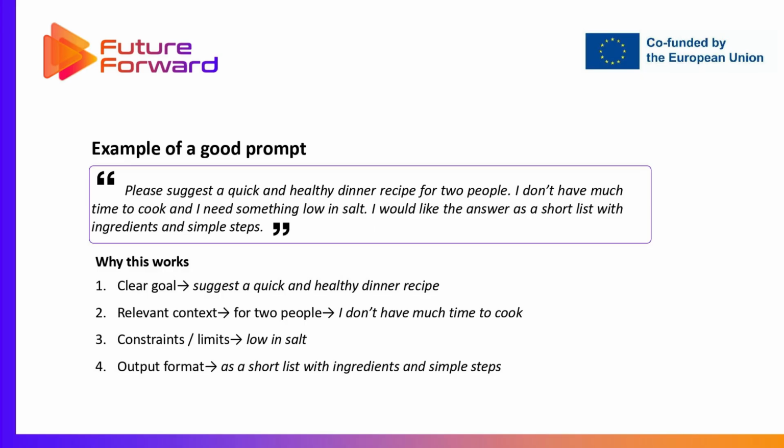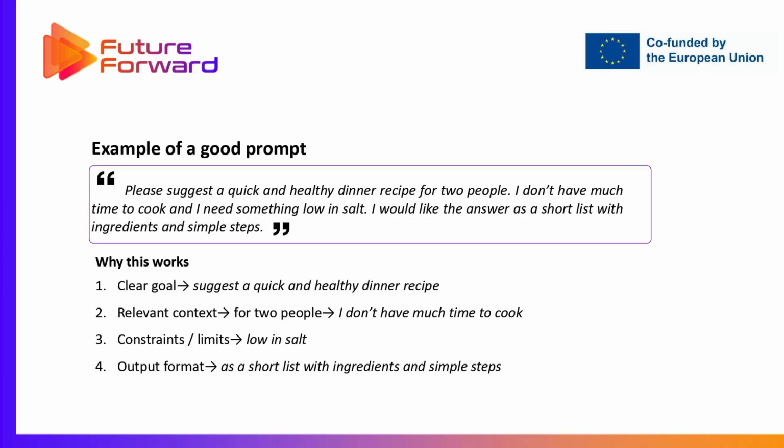Let's look at an example so you can see how all the steps come together. Imagine you want help planning a simple, healthy dinner. A clear prompt might sound like this. Please suggest a quick and healthy dinner recipe for 2 people. I don't have much time to cook, and I need something low in salt. I would like the answer as a short list with ingredients and simple steps.